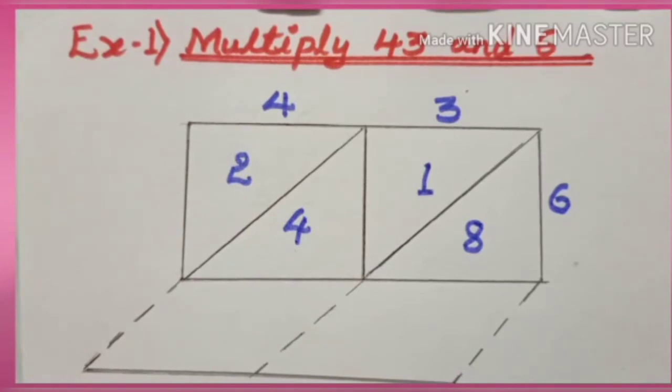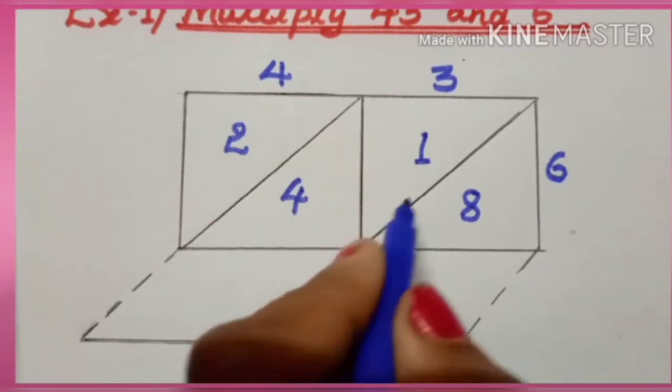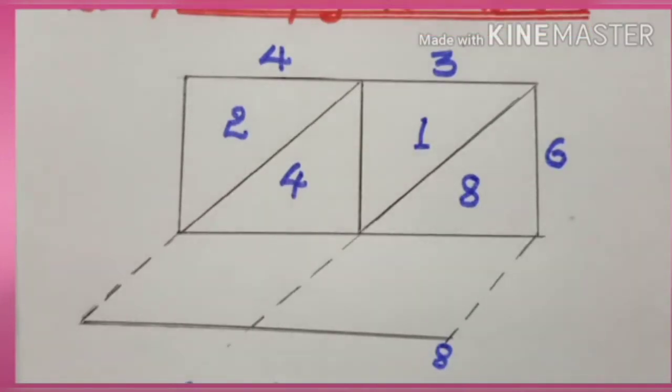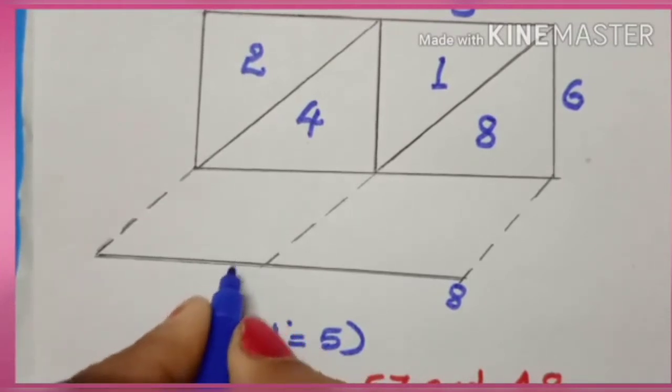Now add them all. 8 right here, and 4 plus 1. 4 plus 1 is equal to 5.